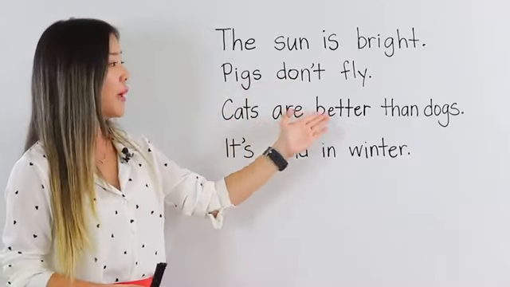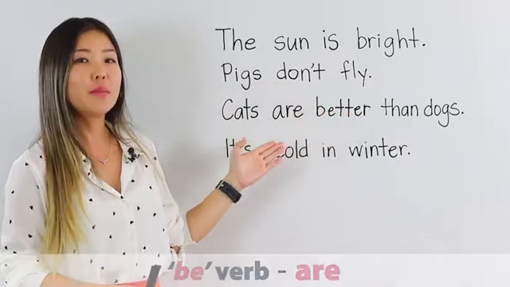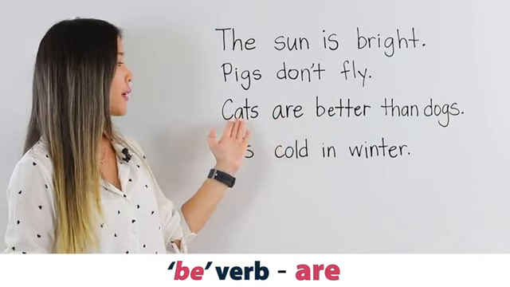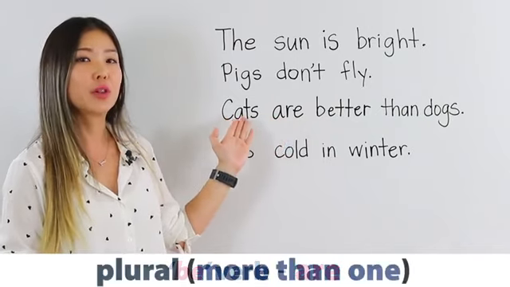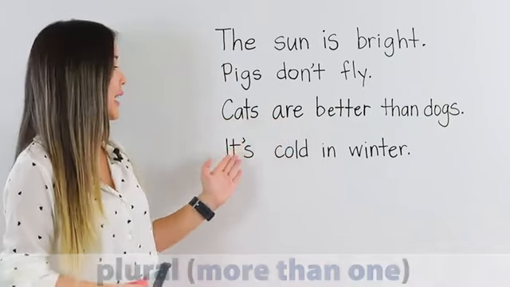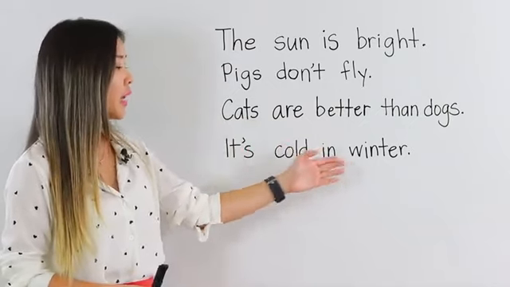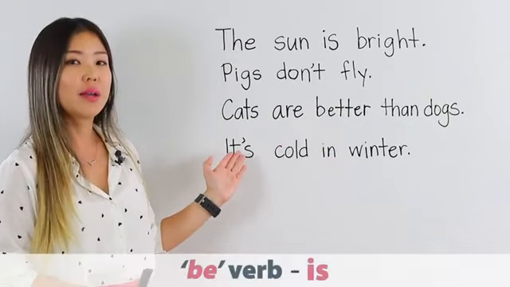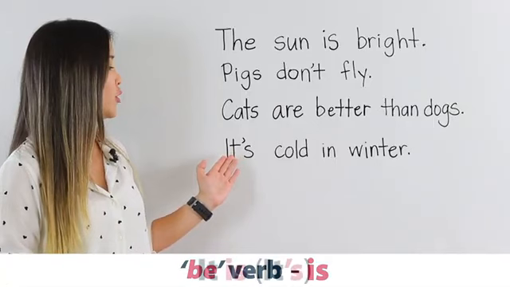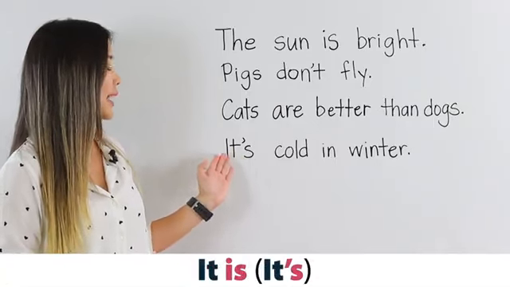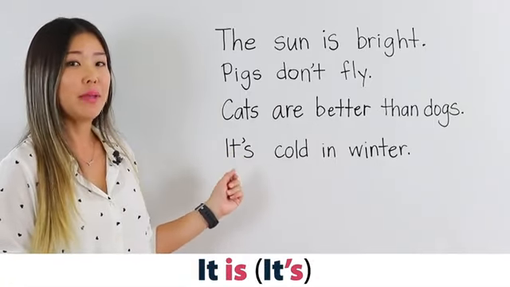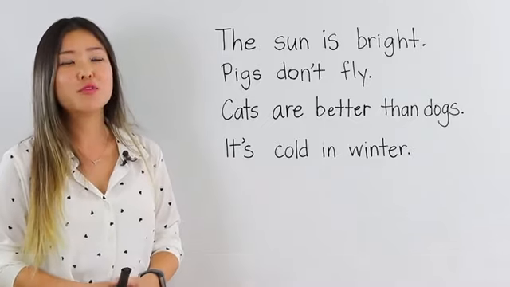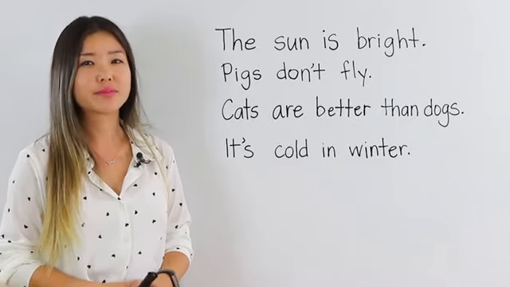Cats are better than dogs. I used the be verb are to talk about cats because cats is plural. And finally, it's cold in winter. Here, I used the be verb is again, but I used a contraction to combine it and made it it's. Let's move on to the next usage.